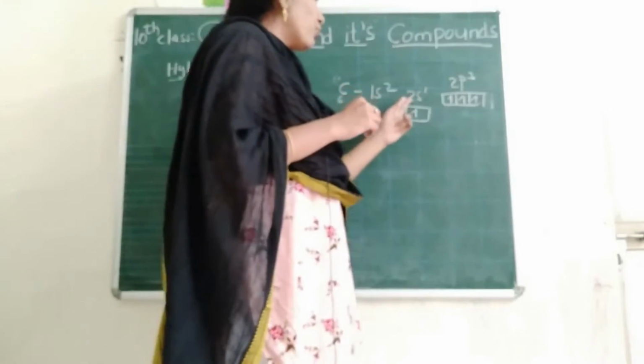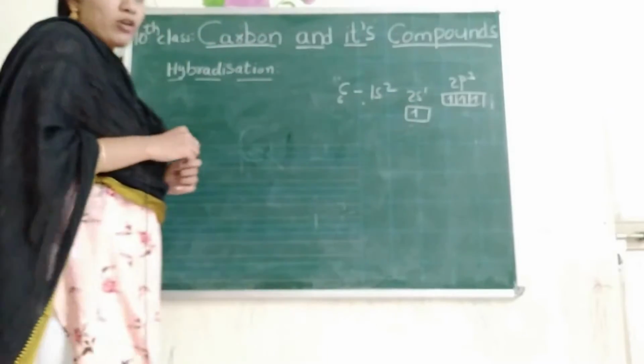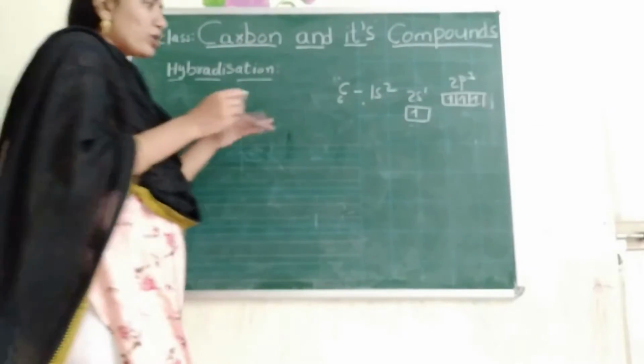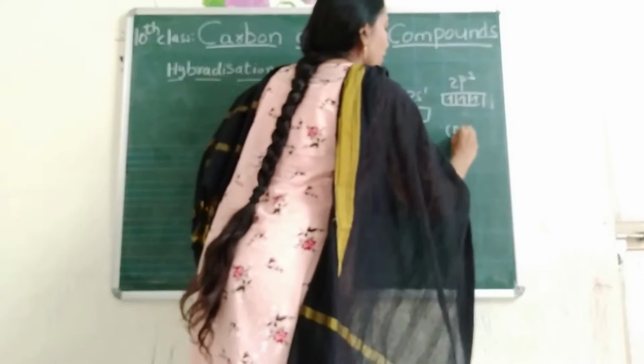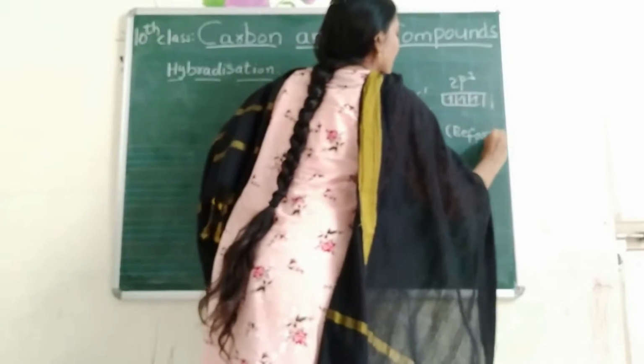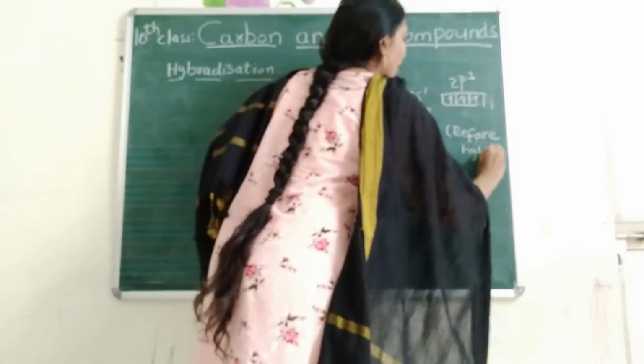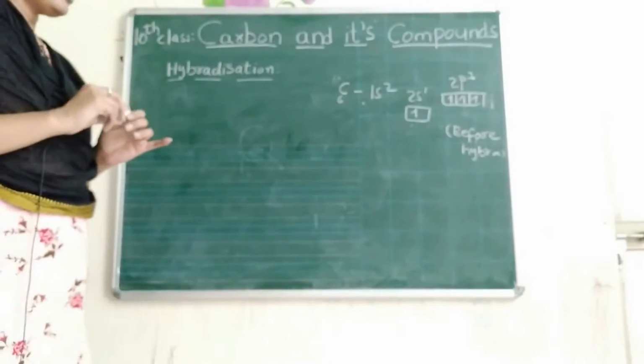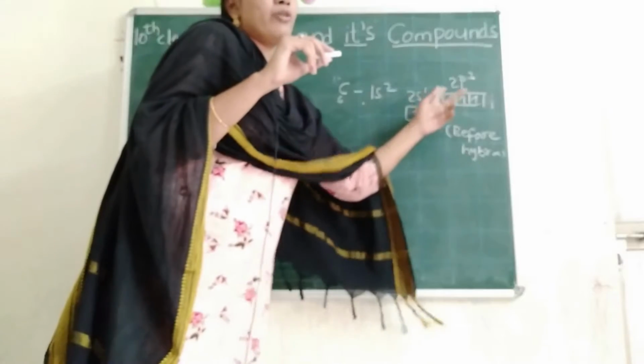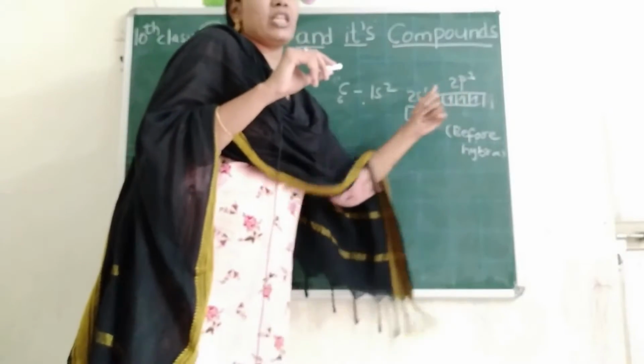The 2p orbital has more energy compared to the 2s orbital. Before hybridization, the 2s and 2p orbitals have a difference in energy and they have different shapes.